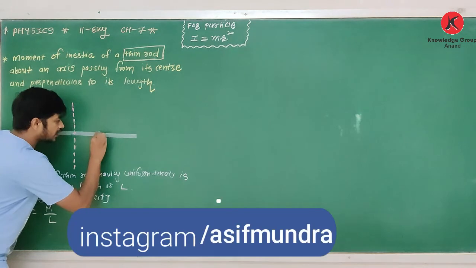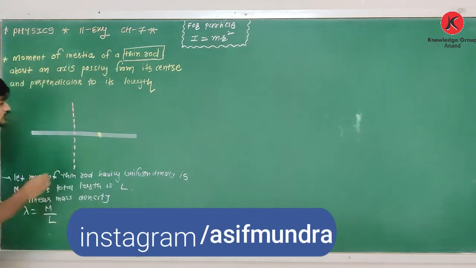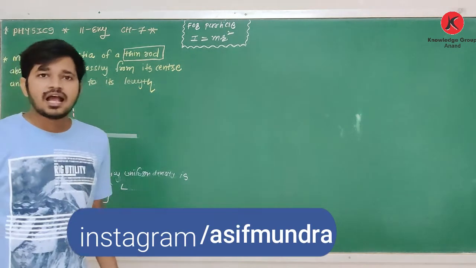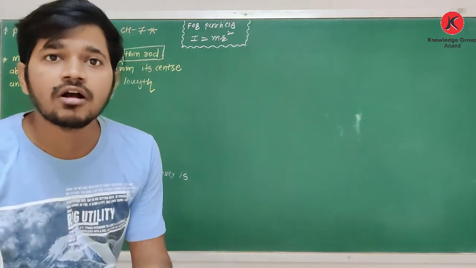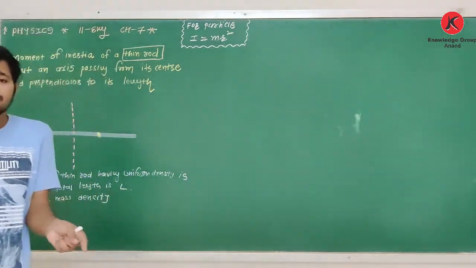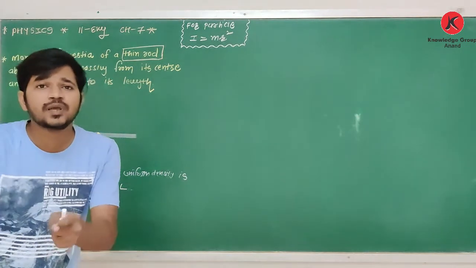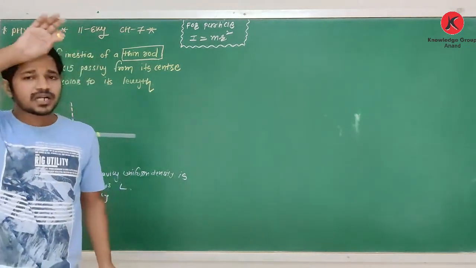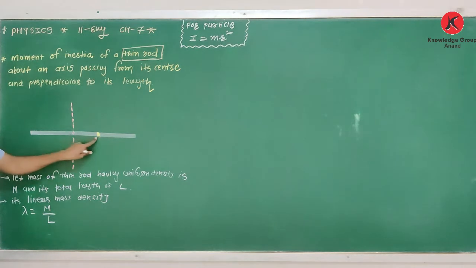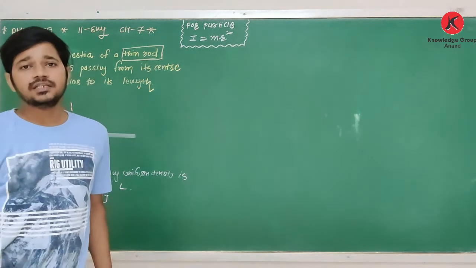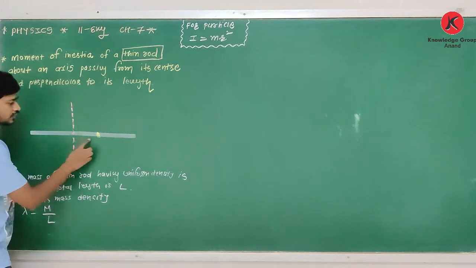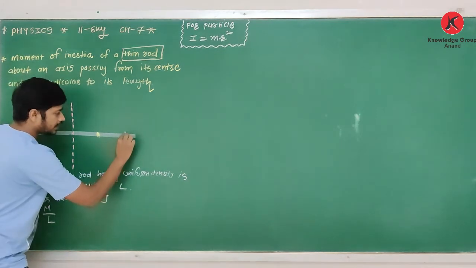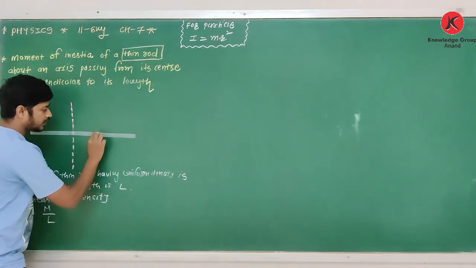A very small element means I can consider this element as a particle. So I can assume this rod is made up of very small elements.